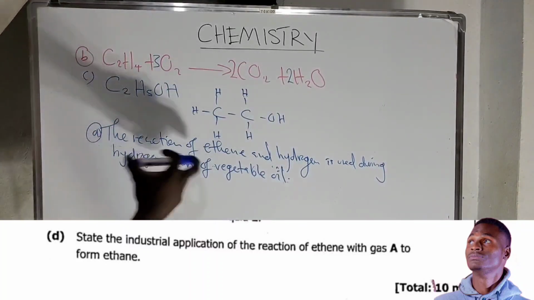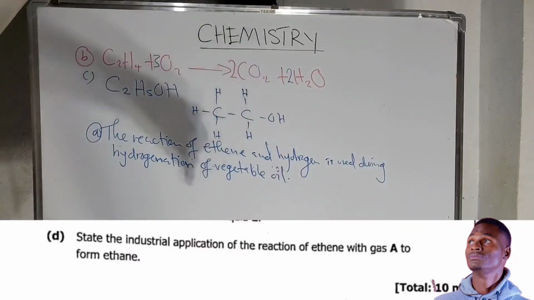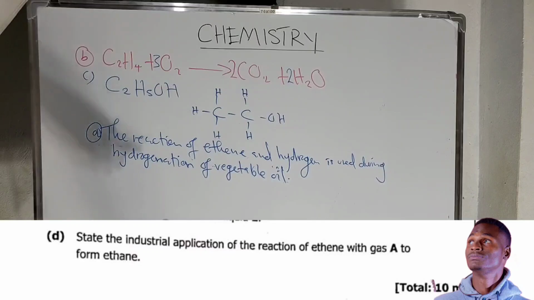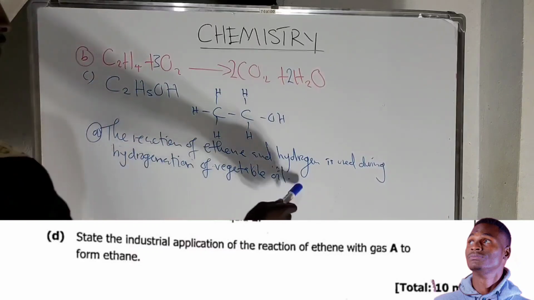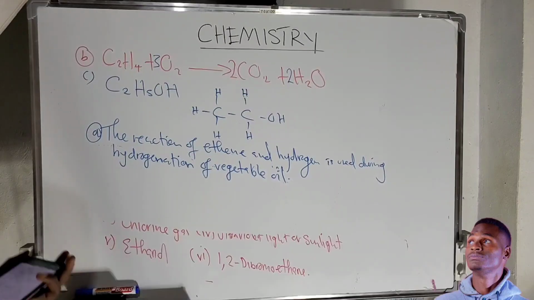So the reaction of ethene and hydrogen is called hydrogenation, used during the hydrogenation of vegetable oil, in the making of margarine.